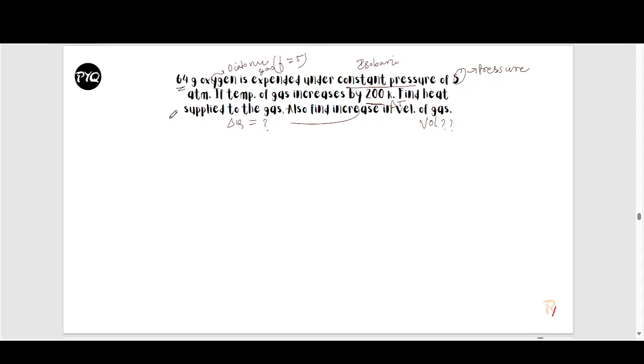We have to find del Q and the volume of the gas. Del Q gives me del U plus del W, which is nFRT upon 2 plus nR delta T.